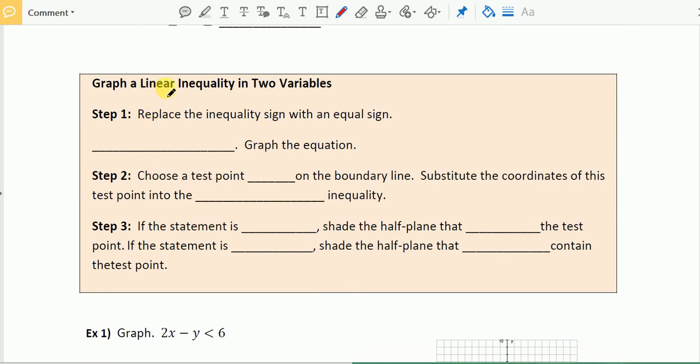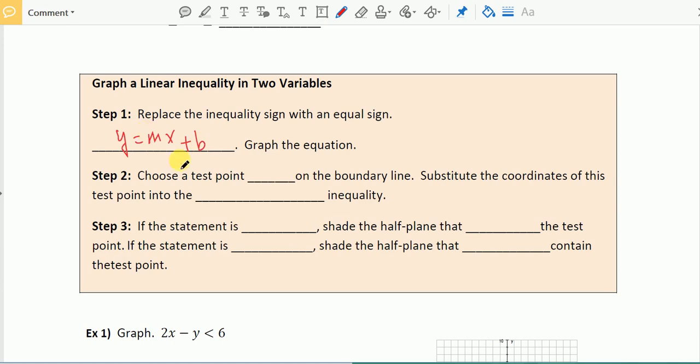Now these are the steps for graphing a linear inequality in two variables. The first thing is you replace the inequality sign with an equal sign, and you can write it in the format y = mx + b. Then you graph the equation.